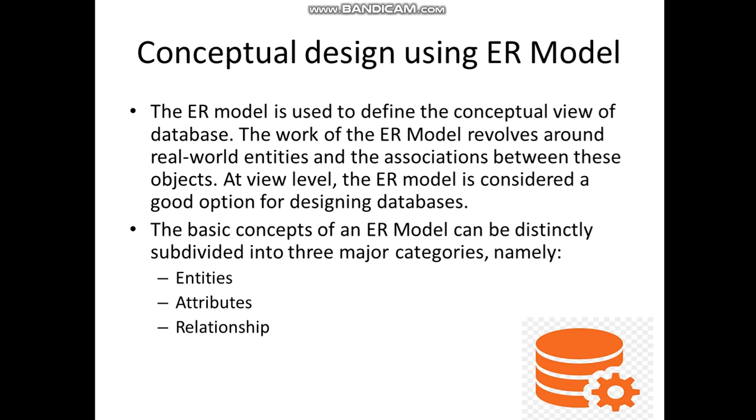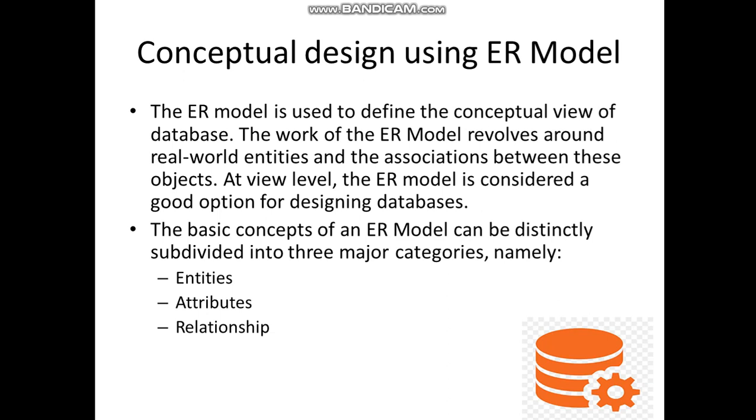The ER model is used to define the conceptual view of database. The work of the ER model revolves around real world entities and the associations between these objects. At view level, the ER model is considered a good option for designing databases.